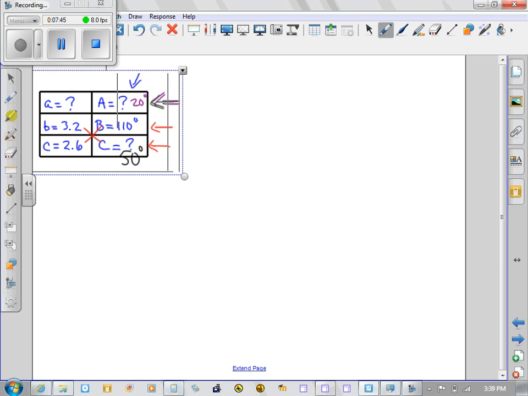So let's consider now moving through the table in this orientation. So we're going to have A sine B is equal to B sine A. Filling this in, we'd have A times the sine of 110 degrees, which is equal to 3.2 multiplied by the sine of 20 degrees.